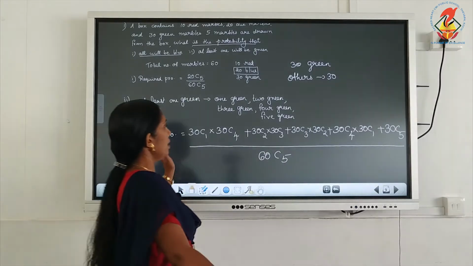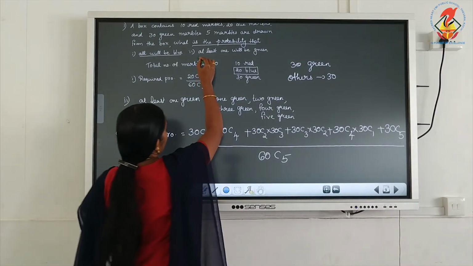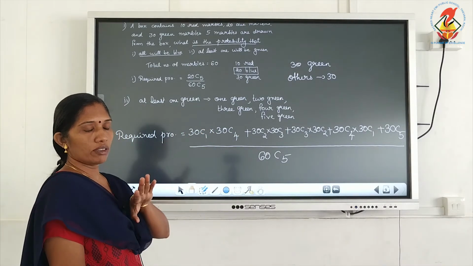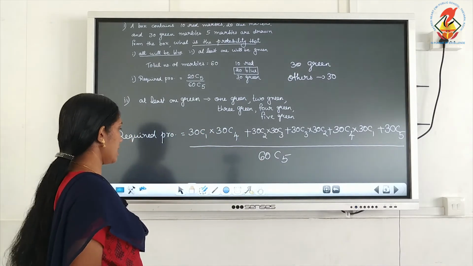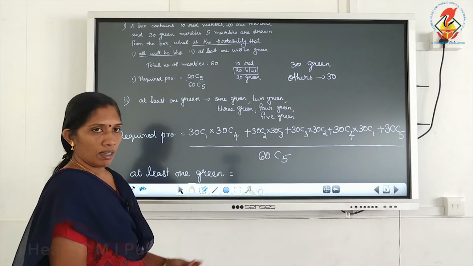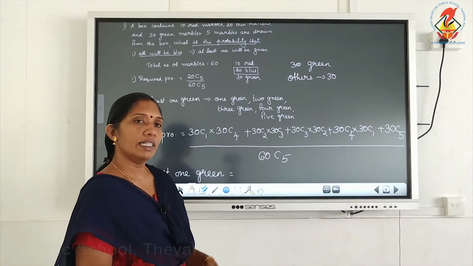But writing this way is difficult. So, when you get a question like at least 1, you can take its complement. So, at least 1 green means, what is the complement of that? At least 1 or more green means none is green.